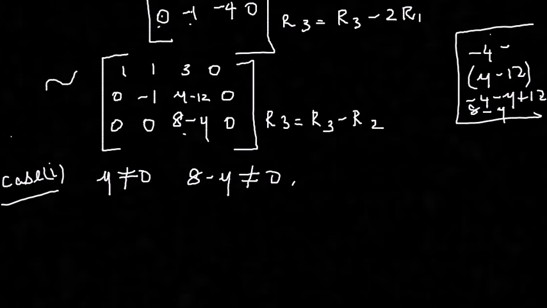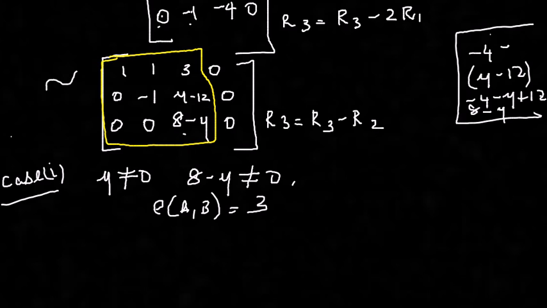Then you will have the rank of the matrix as 3. The rank of the augmented matrix AB will be equal to 3. And what will be the rank of A, the A matrix alone? That will also be equal to 3. Your rank of AB, the augmented matrix, will be equal to the rank of A, which is equal to 3, which also happens to be equal to the number of unknowns, right?